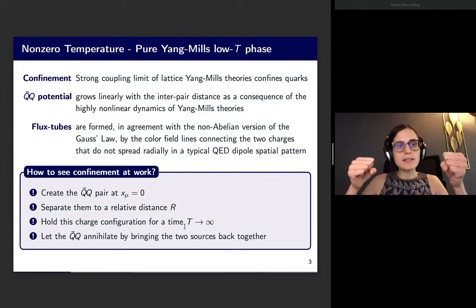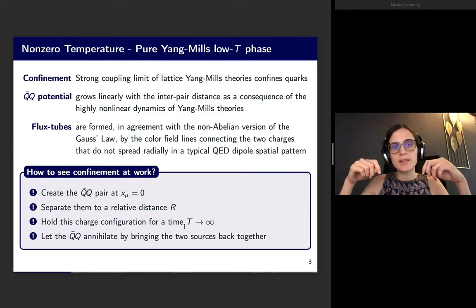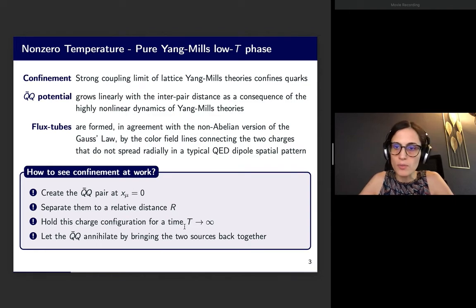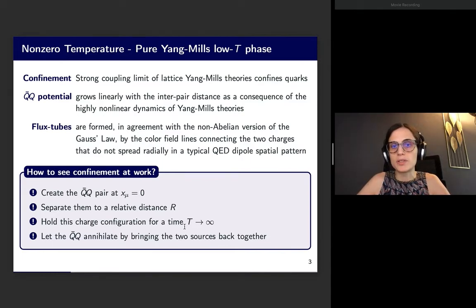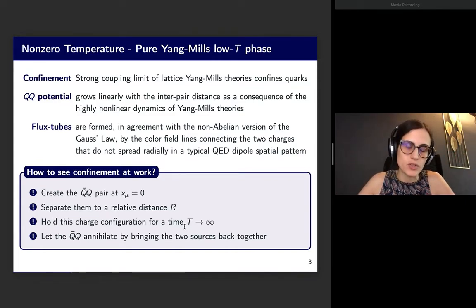What happens in practice is that you have flux tubes that are formed, in agreement with the non-abelian version of the Gauss law, by the color-field lines that connect the two charges in the vacuum. In the case of a Yang-Mills theory they are not spreading radially as they would in a typical QED dipole spatial pattern, but they are rather squeezed in a tube-like structure.